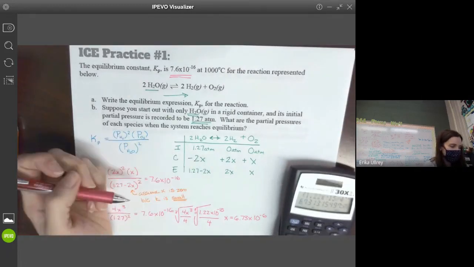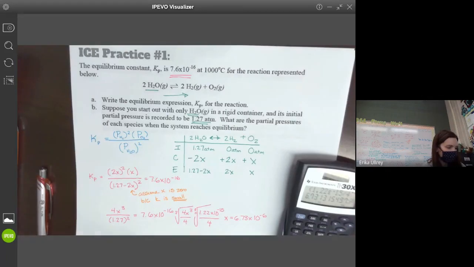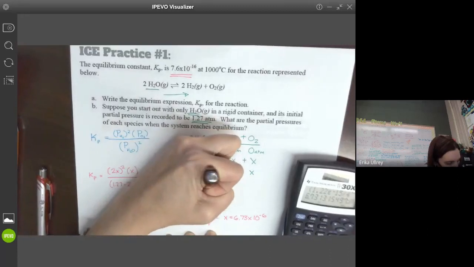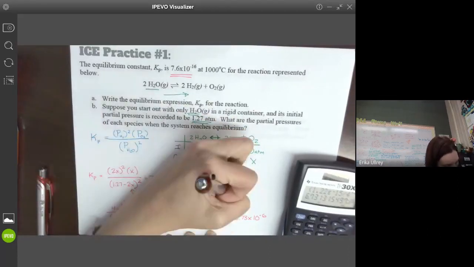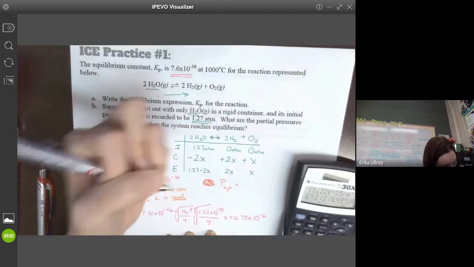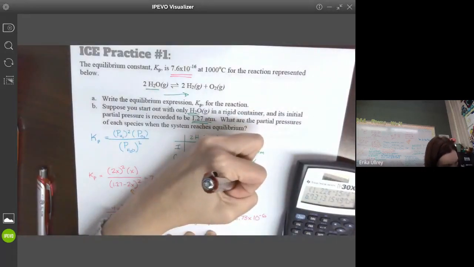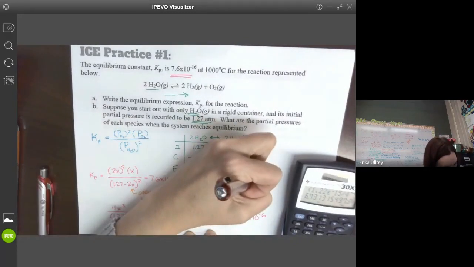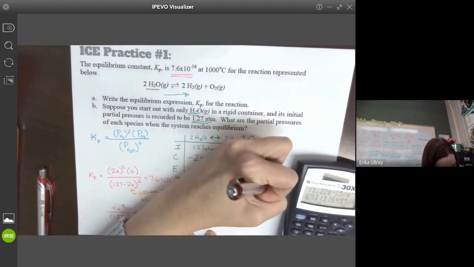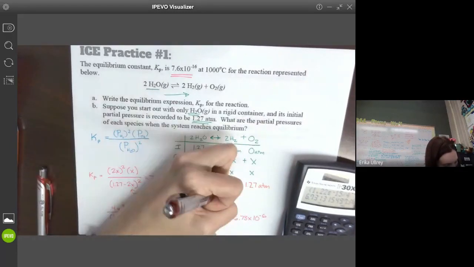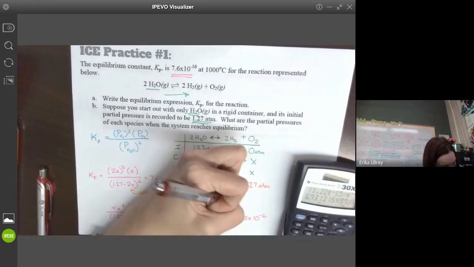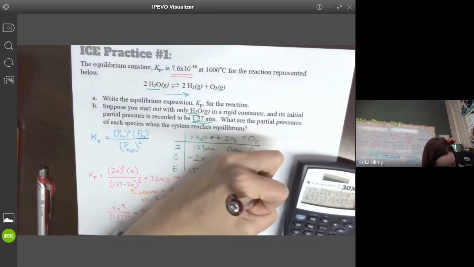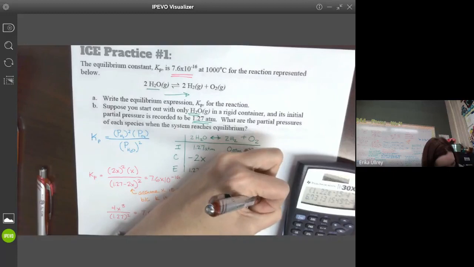So we're going to come up with our equilibrium concentrations of everything. So I would say my partial pressure, my P sub H2O, is approximately, so do the squiggles, okay, because it's not exactly, 1.27 atm. My partial pressure of hydrogen gas is going to be approximately 2 times 6.73 times 10 to the negative 6.